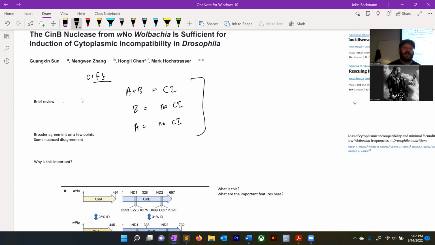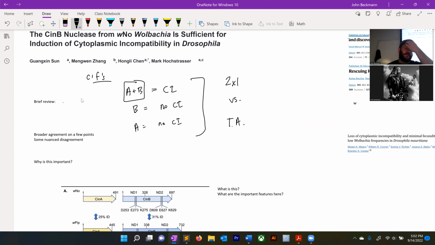One hypothesis to explain this was the 2x1 model, where you need both of these to induce CI. Another alternative hypothesis was that this is just a fluke, and it's still a toxin antidote model.